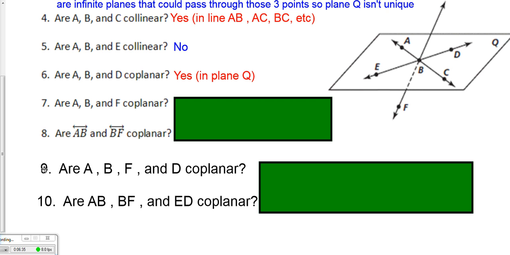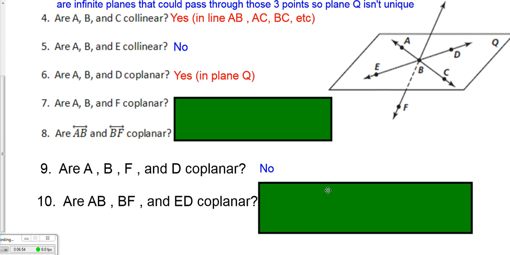I want you to write down a number 9 and a number 10. Number 9, are A, B, F, and D, all 4 of these points, coplanar? So A, B, F, this one way down here, and D. Are these all coplanar, as in are they in the same plane? And we can say for that one, no. No, they are not.